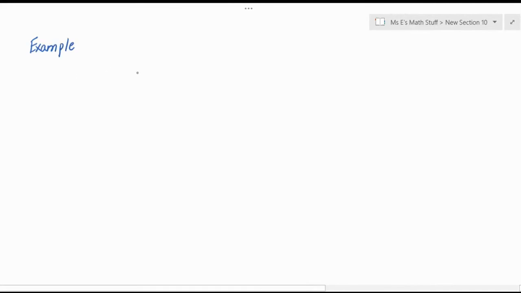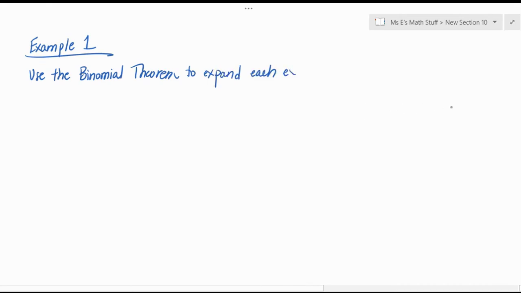So example 1. The directions in your textbook when you do this problem set will say use the binomial theorem to expand each expression. Now, I'm not going to talk about the binomial theorem until part 2.